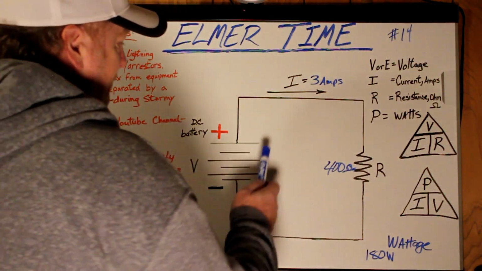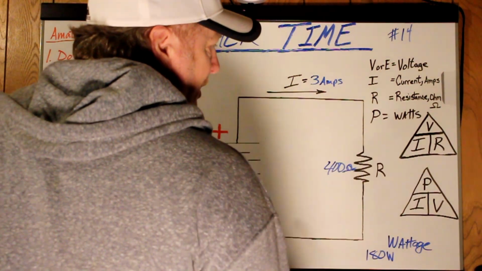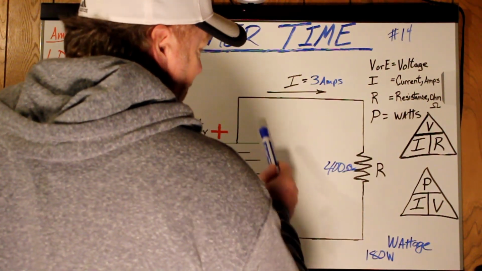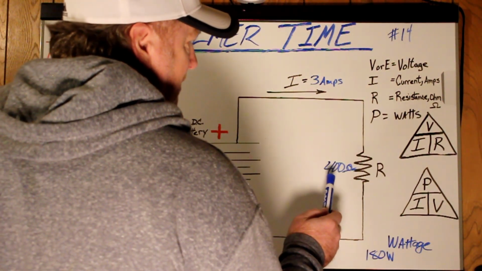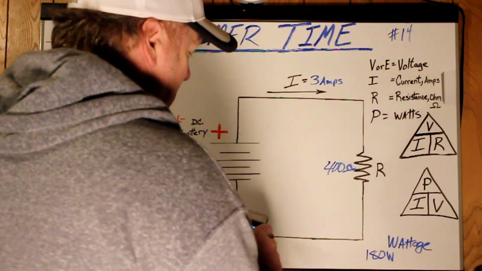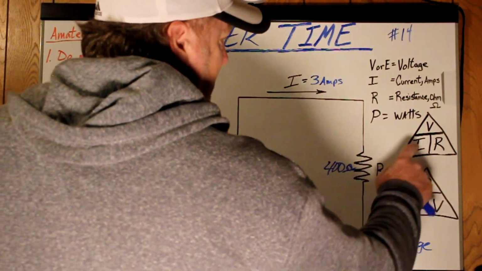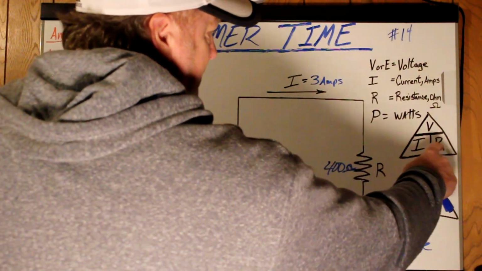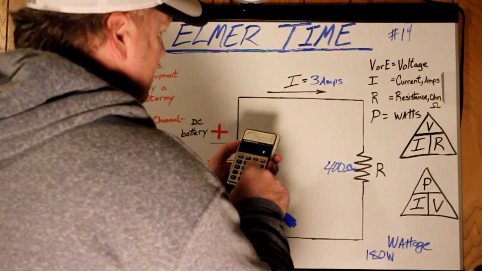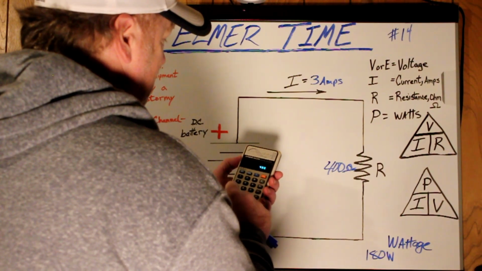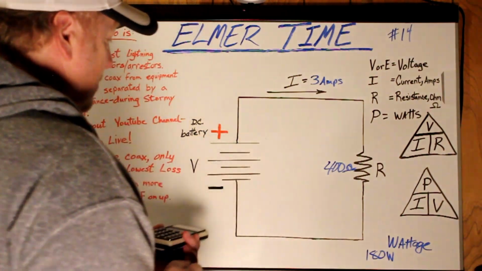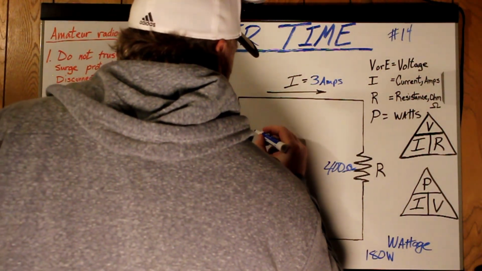So in order to find the voltage, we've got to go to Ohm's law first and solve for V. So, grab the calculator. We have I and R, so I times R. So it'd be 3 times 400. That's 1200. It's a 1200 volt battery.